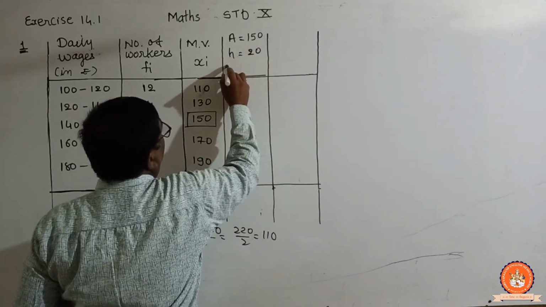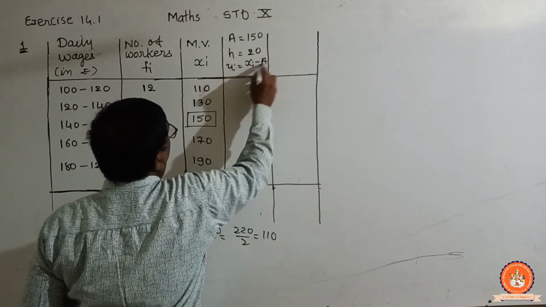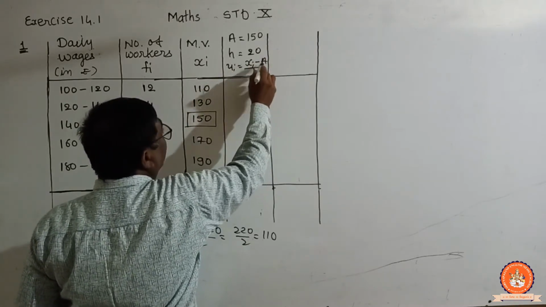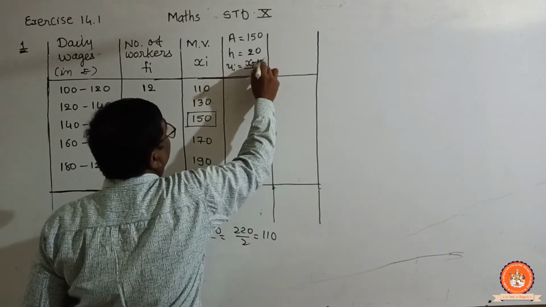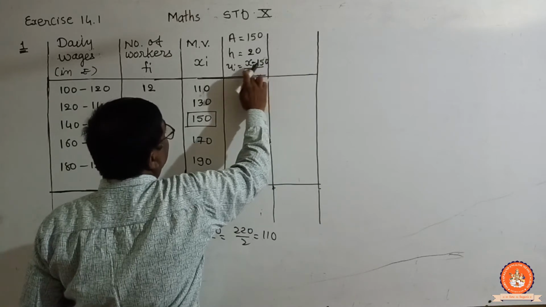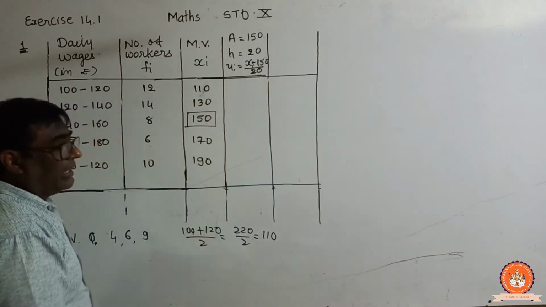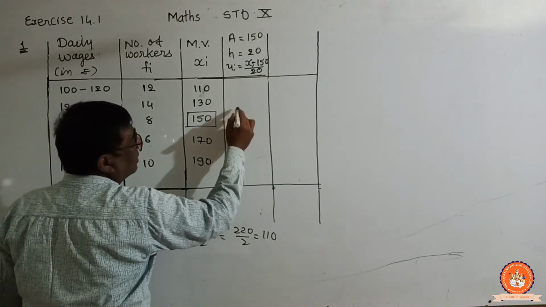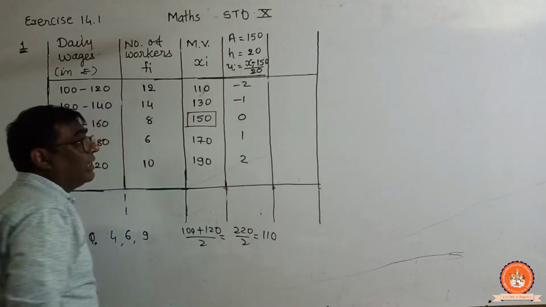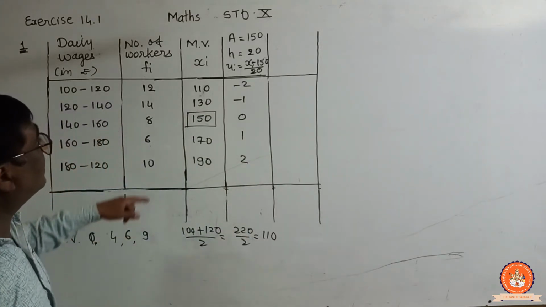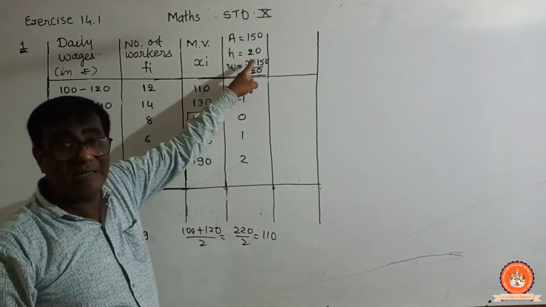Now ui is equal to xi minus a upon h. So xi minus a, that is 150, and divided by h, that is 20. So as you know, you can write 0 here, then -1 and -2, 1 and 2. We can do this only when the class length is even and h is equal to the class length.